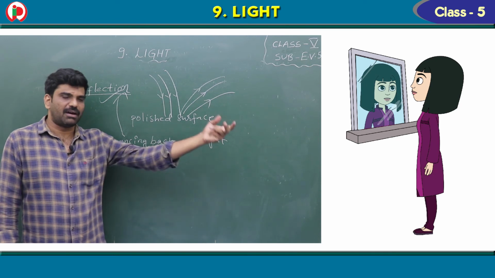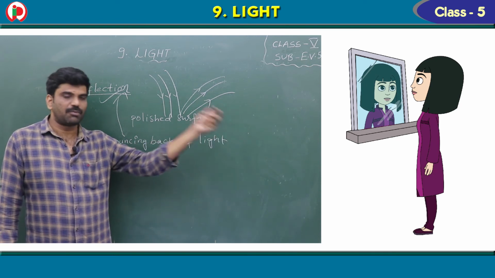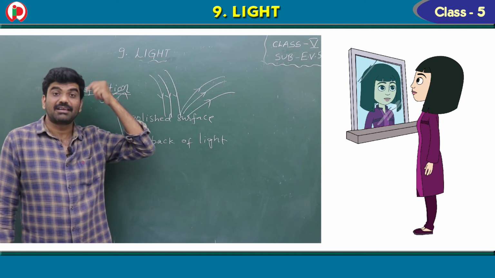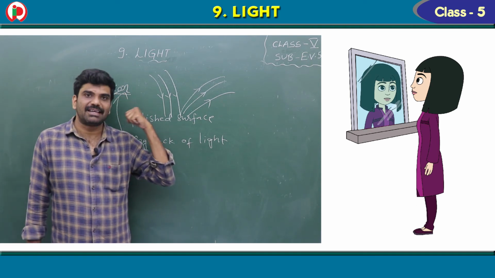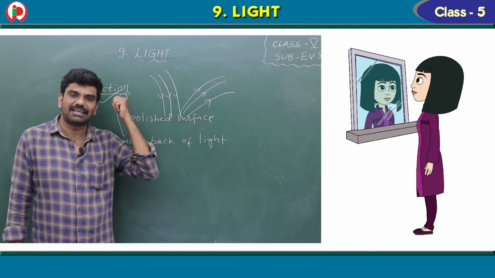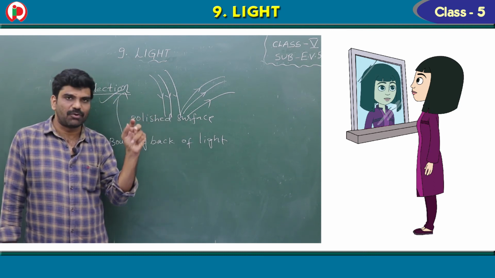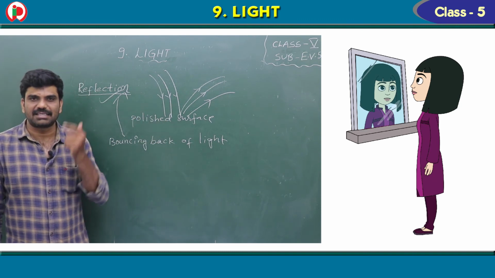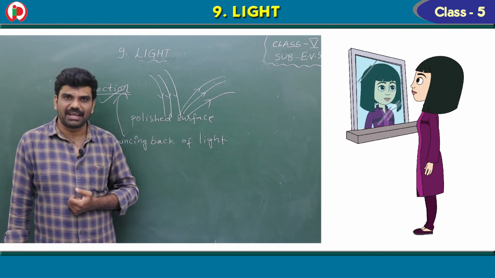Whenever the light falls on an object, it bounces back into our eyes, and the brain finds the object and tells us such an object is a book, such an object is a pencil. Our eye senses and gives information to the brain.